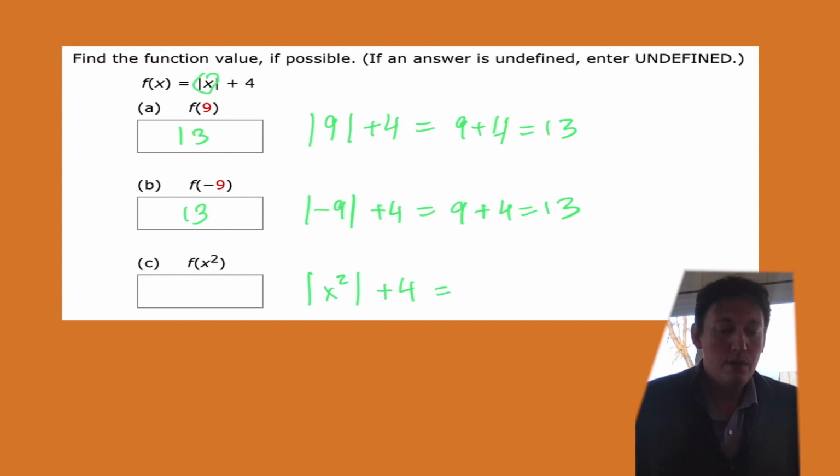As I'm sure you know, if you take any negative number and you square it, it's always going to be positive. So any number squared is always going to be positive. There really is no need for those absolute values here, because any number squared is going to give you a positive result anyway. So really the answer is just x squared plus 4.